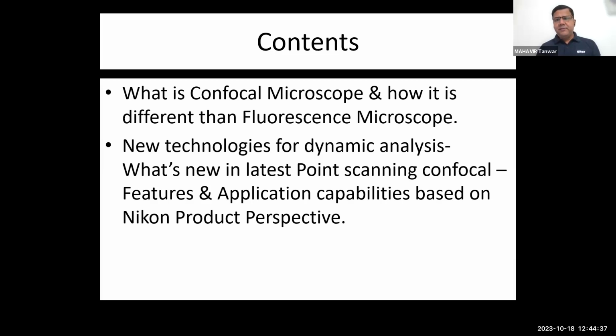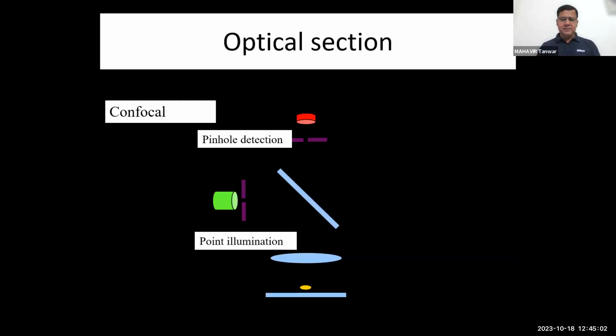I think everybody on this platform is using fluorescence and confocal both, so it may not be very difficult to understand. And basically, what are the new technologies for dynamic analysis being implemented in the latest confocal systems, what are their application capability, and why those features are implemented for new capabilities of the system.